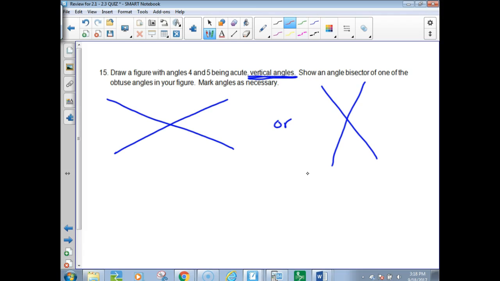Okay, now show an angle bisector of one of the obtuse angles in your figure. Let's find 4 and 5 first. Where are the acute vertical angles? Where are they in my picture? I should put some arrows on here, I guess. Olivia told me to make an X because that gave me 2 pairs of verticals.